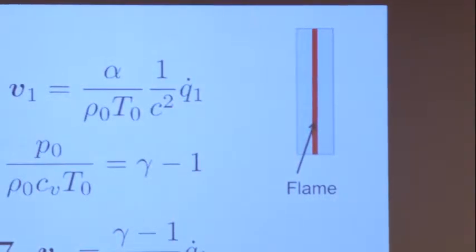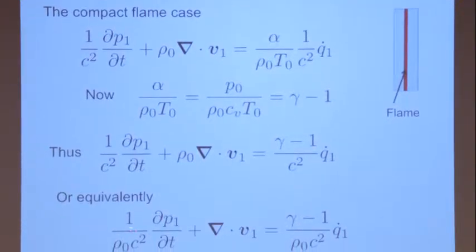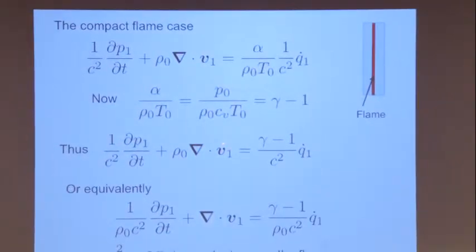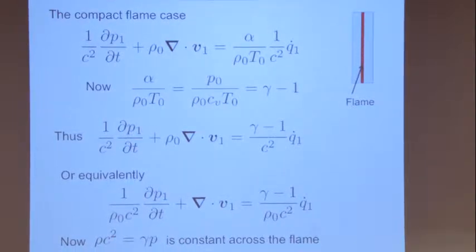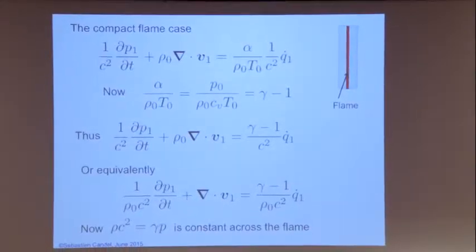So we take this, we have already seen. So the equation is here. We can write that down by dividing by rho 0. And in many cases, rho 0 c square is gamma p. We've seen that c square is gamma p over rho. And this quantity, the pressure across the flame, is essentially constant.